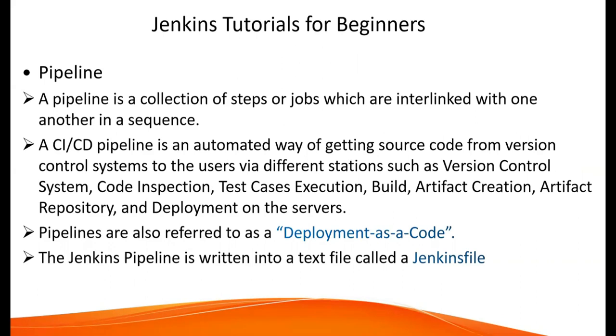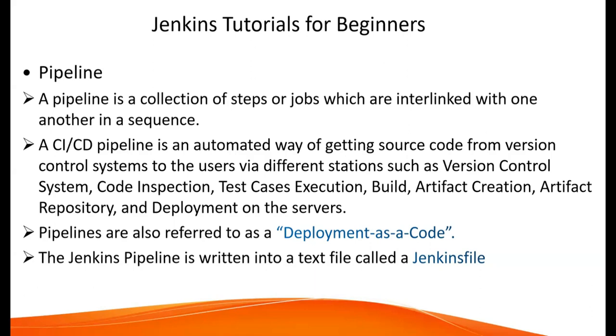A CI/CD pipeline is an automated way of getting source code from a version control system to the users via different stations such as version control system, code inspection, test case execution, build, artifact creation, artifact repository, and the deployment on the servers. The pipeline is also referred to as deployment as code.